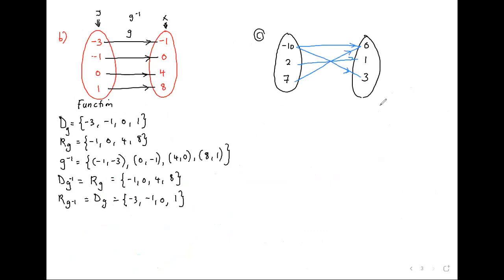So because -10 is mapped to 2 elements on the right, this is not a function. And because it's not a function, we won't even bother to talk about the domain and the range.